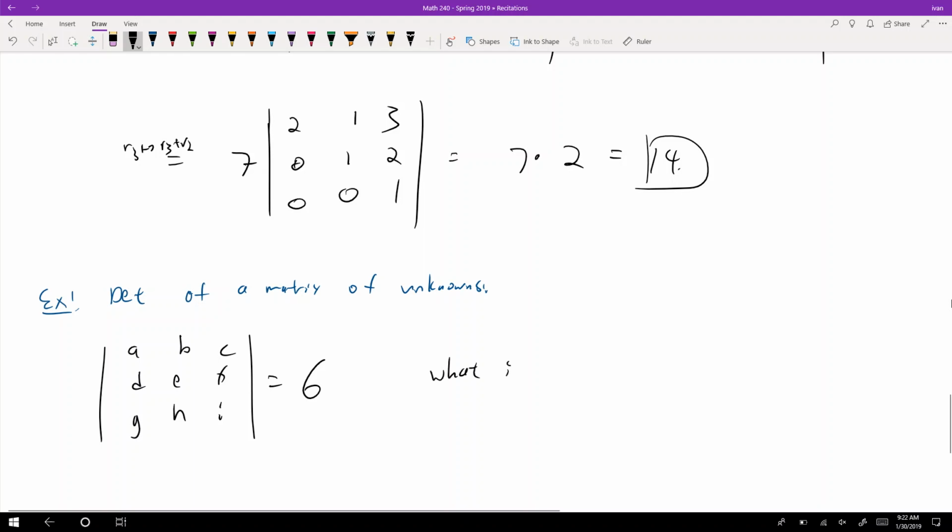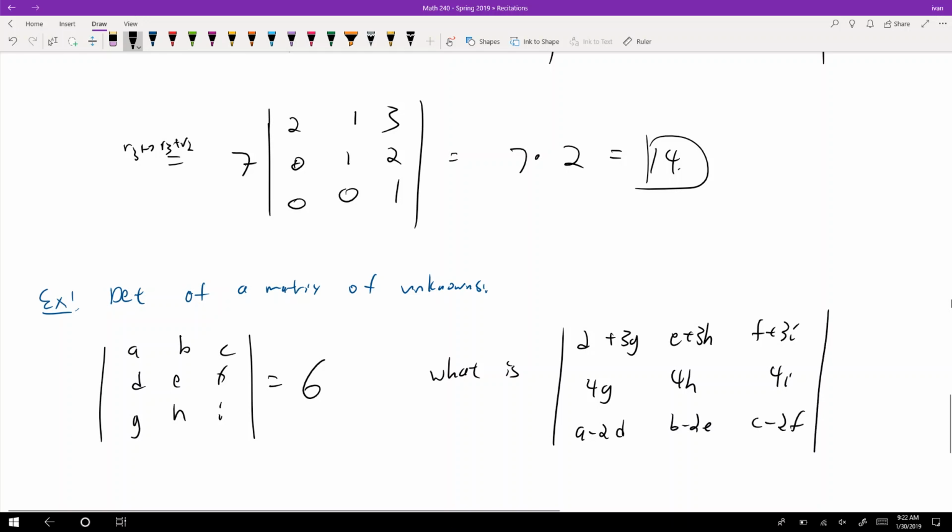So now you want to find the determinant of D plus 3G, E plus 3H, F plus 3I, 4G, 4H, 4I, A minus 2D, B minus 2E, C minus 2F. Okay, so you know one thing, and now you have to find the determinant of this other thing.